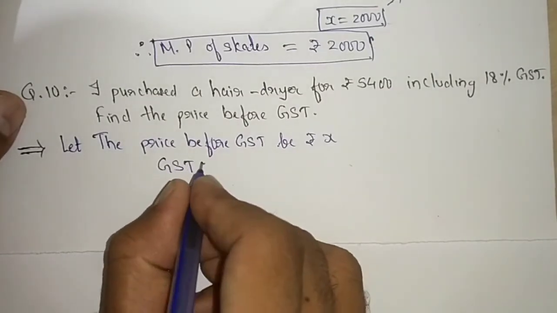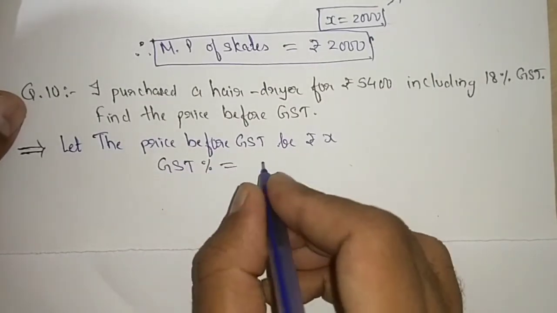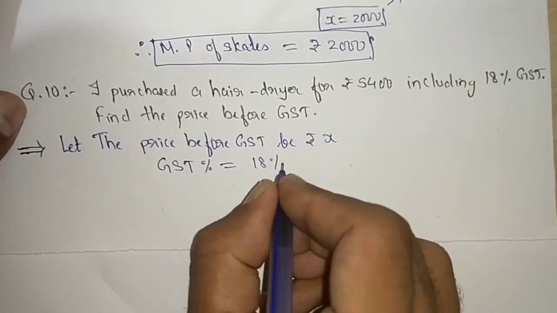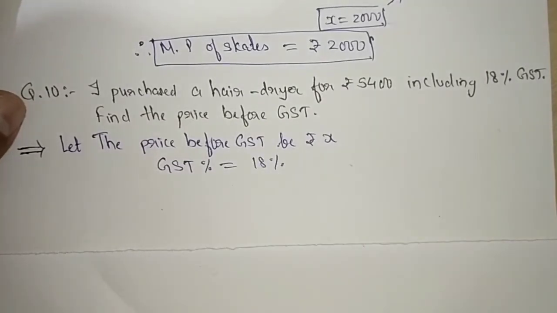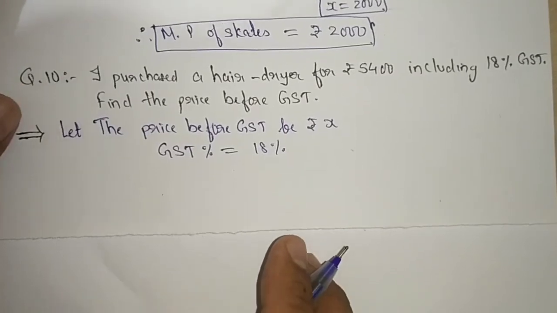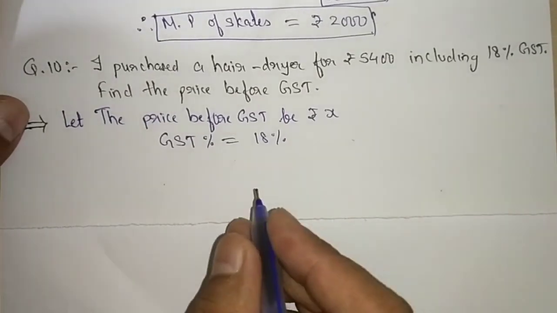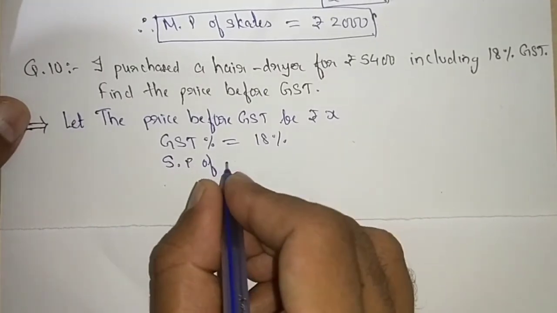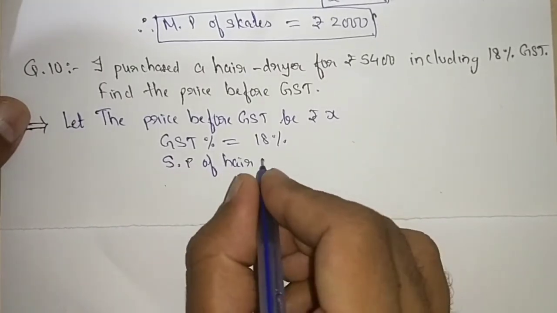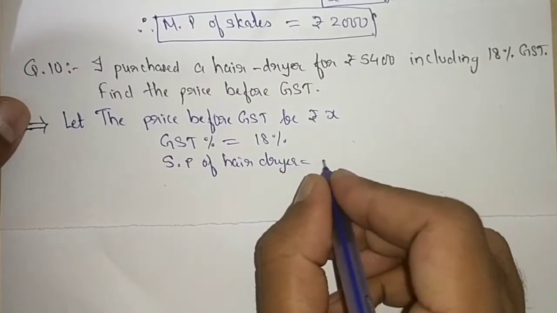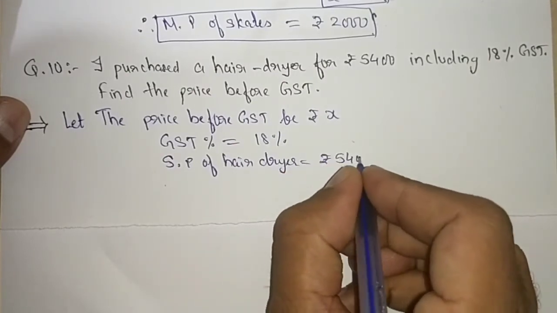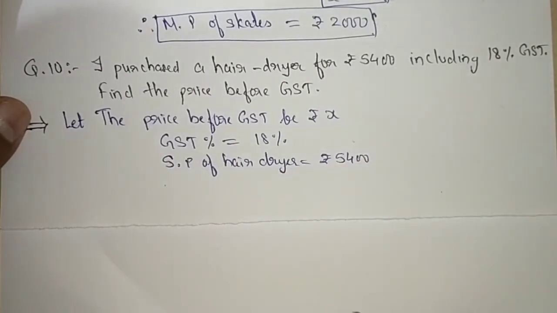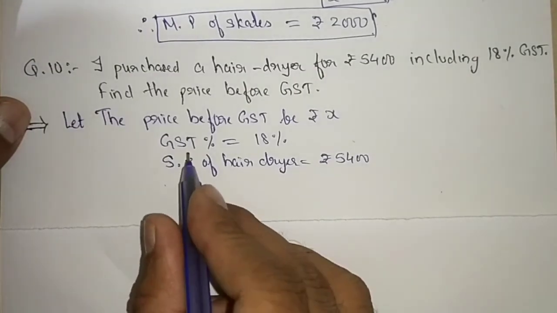So I will write GST percentage is equal to 18%. What else they have given us? Selling price of hair dryer is equal to rupees 5400. Now I am supposed to find out GST amount.